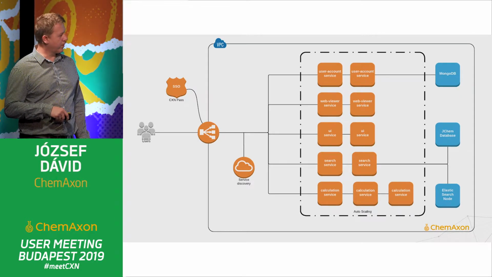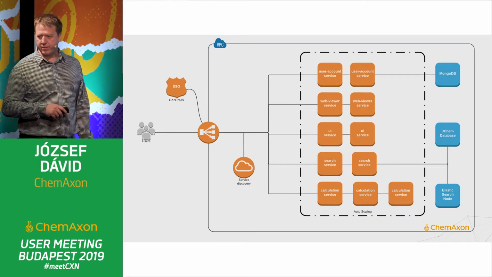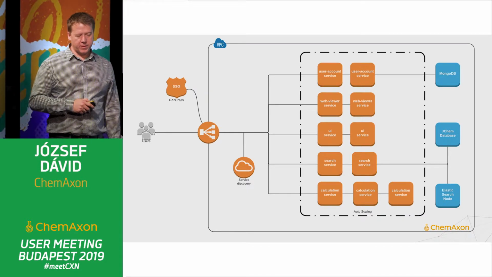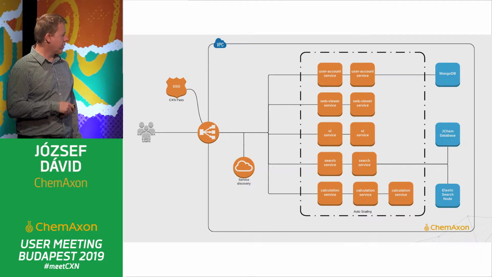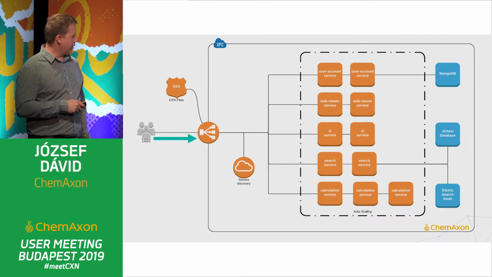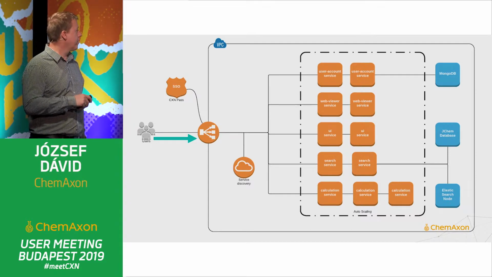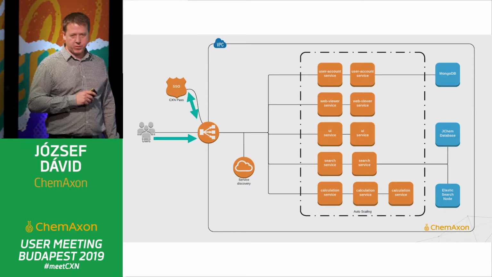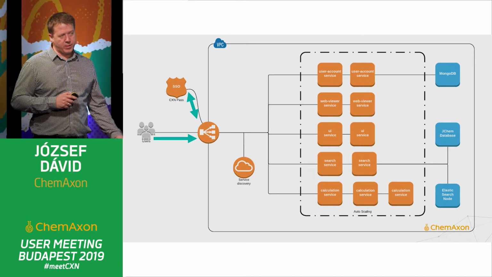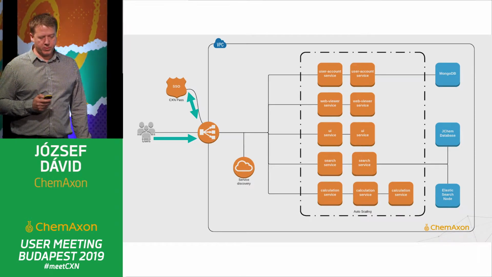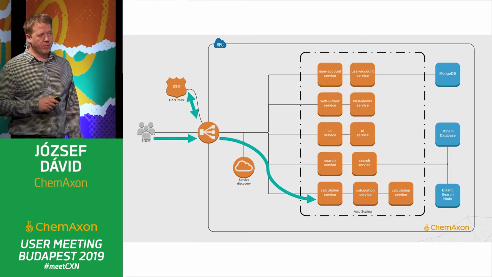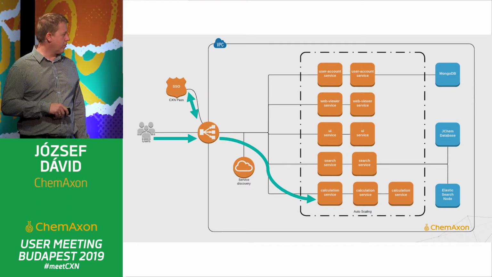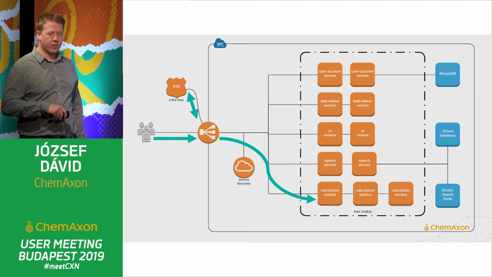We have 3 server instances running at the same time, and the user starts a calculation from the browser, and the request arrives to our virtual private cloud, and then that's the gateway which authenticates the user. So if the user has the right to do this calculation, then we redirect them to the calculation service itself, one of the calculation services.